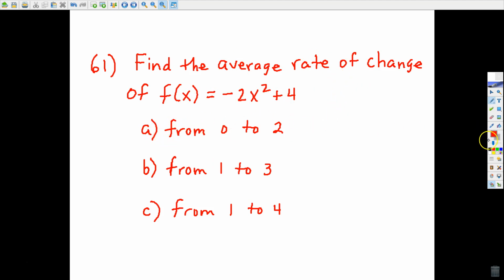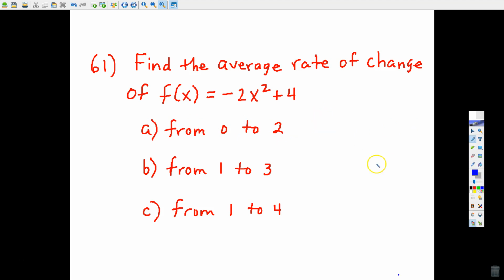Let's just take letter A as an example. To find average rate of change, it looks like this. We're going to do f of 2 minus f of 0. Notice where those numbers came from. I'm doing from 0 to 2. And we're going to divide that by 2 minus 0.